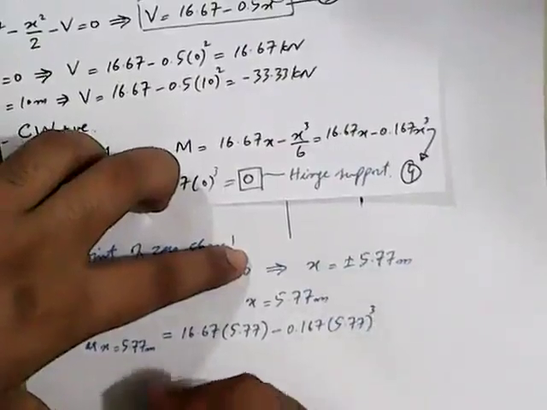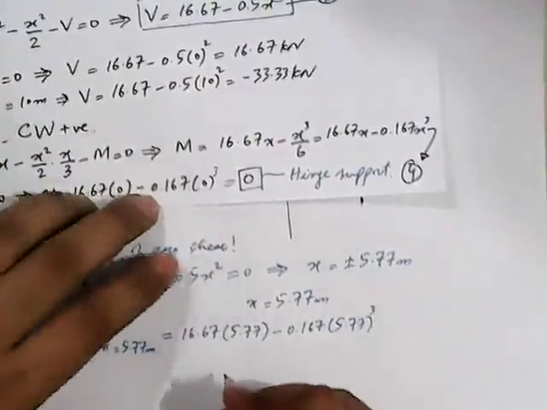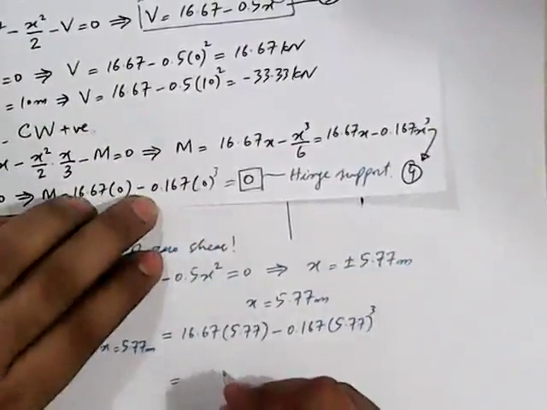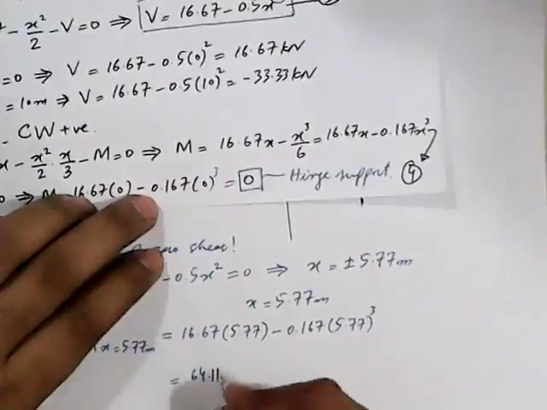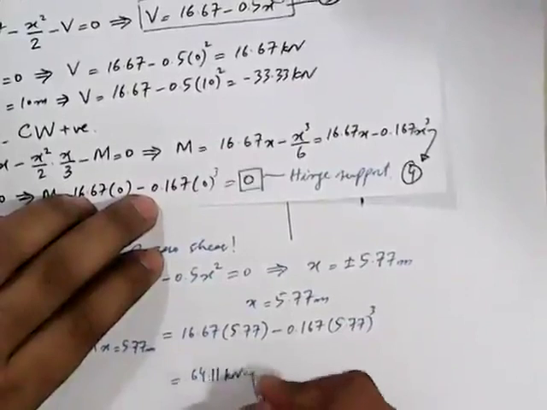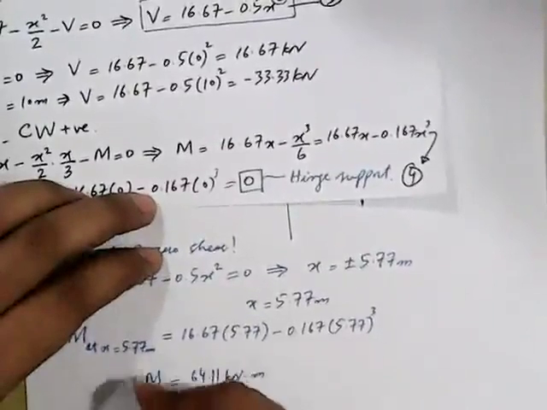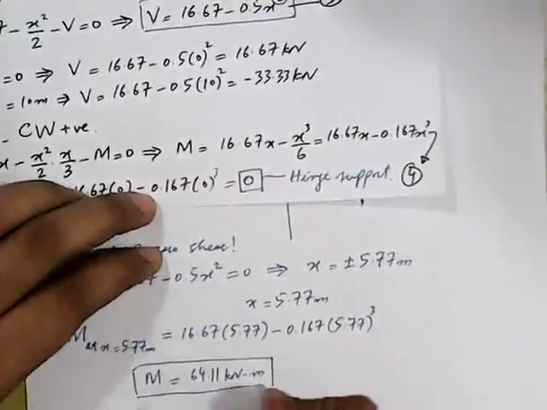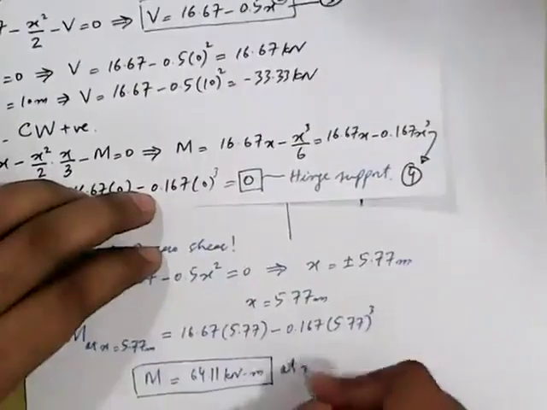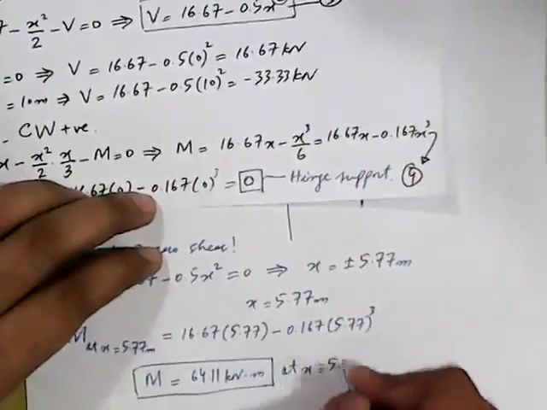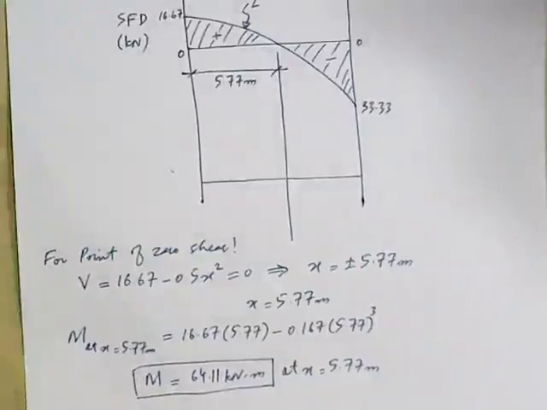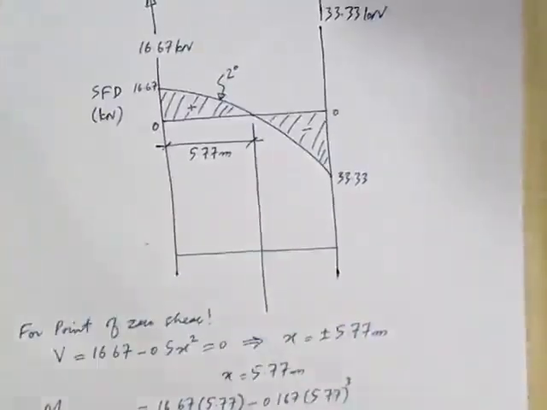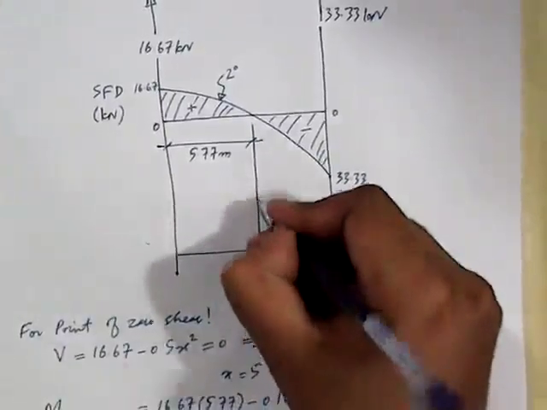If we solve this equation, we get the value of M as 64.11 kilonewton meter. So we have got the ordinate of the bending moment diagram at this location.